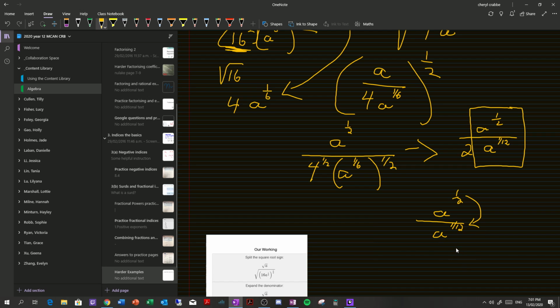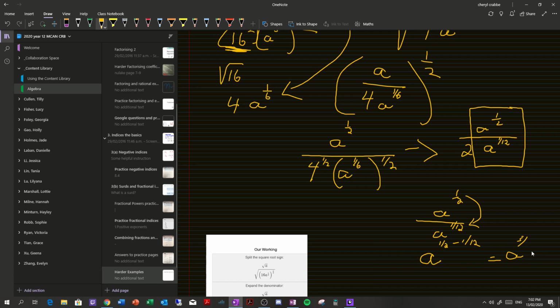So we're just going to take a, and subtract 1/2 minus 1/12. Now you can throw that into your calculator if you're not very good at fractions. That becomes 6/12. 6 take away 1/12 is 5/12. So this becomes a to the 5/12.